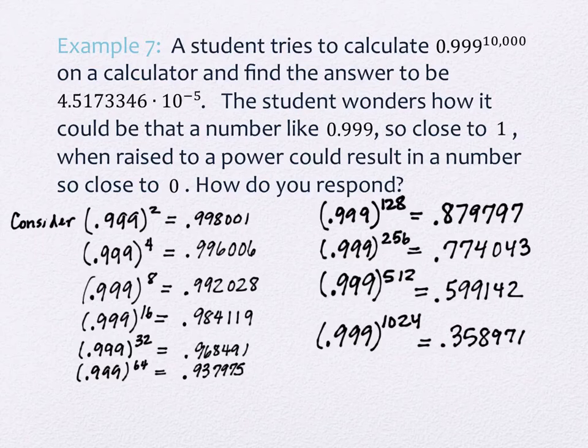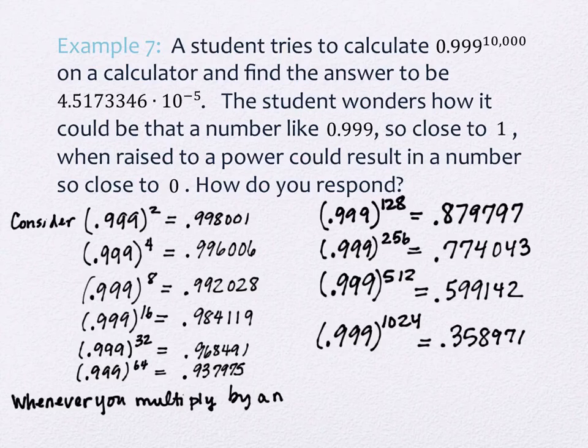So in general, we mentioned this first fact last time. Whenever you multiply by a number, let me say a positive number less than 1, your product becomes smaller.